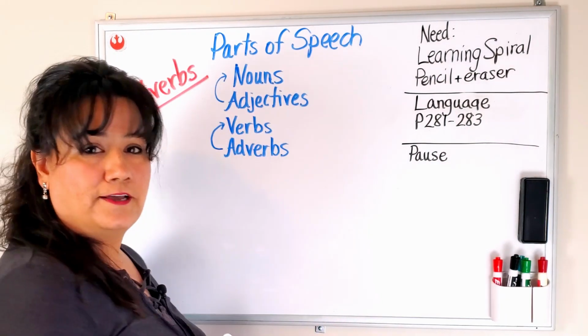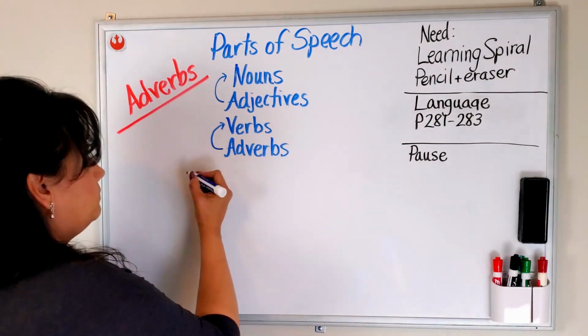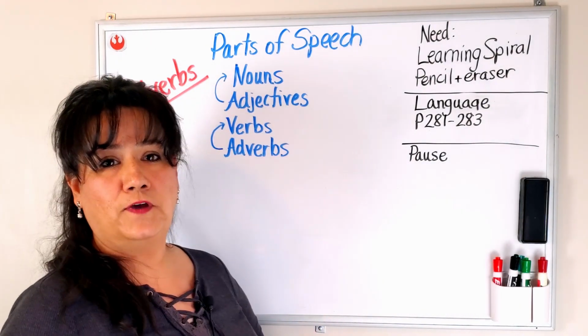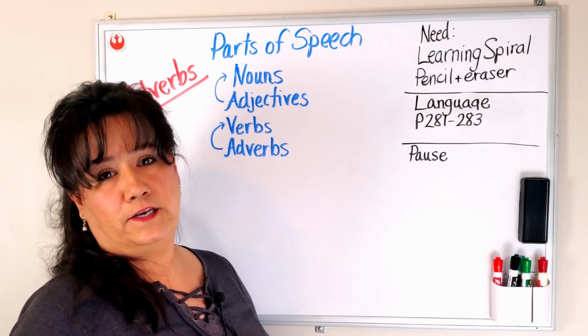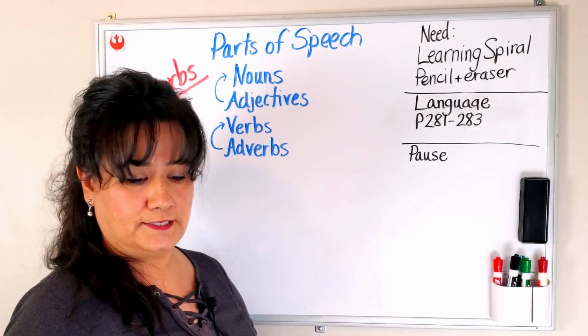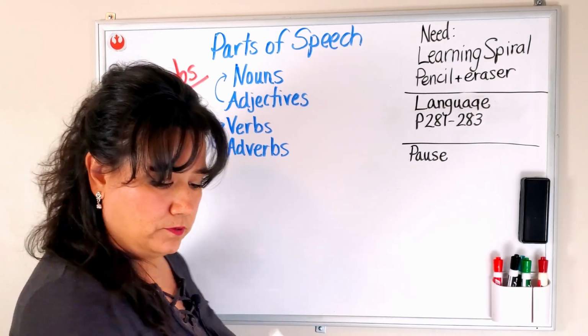We're going to write the definition of an adverb. And again, if I go too fast, you can pause it, and then you can finish writing the definition on your learning spiral, okay?